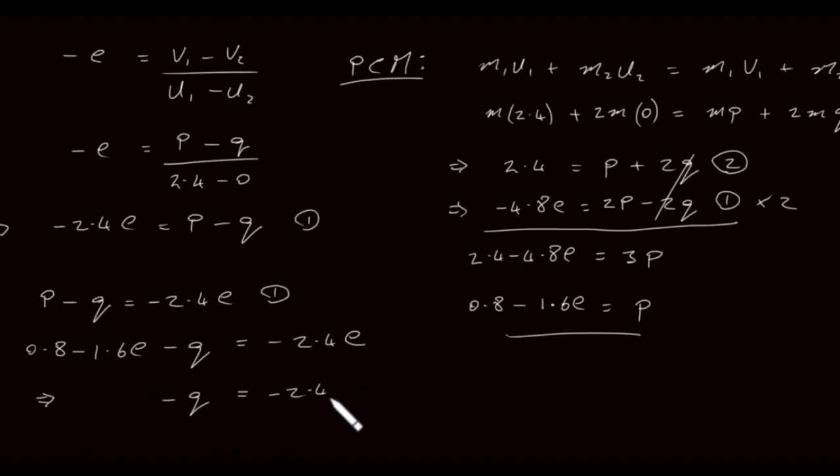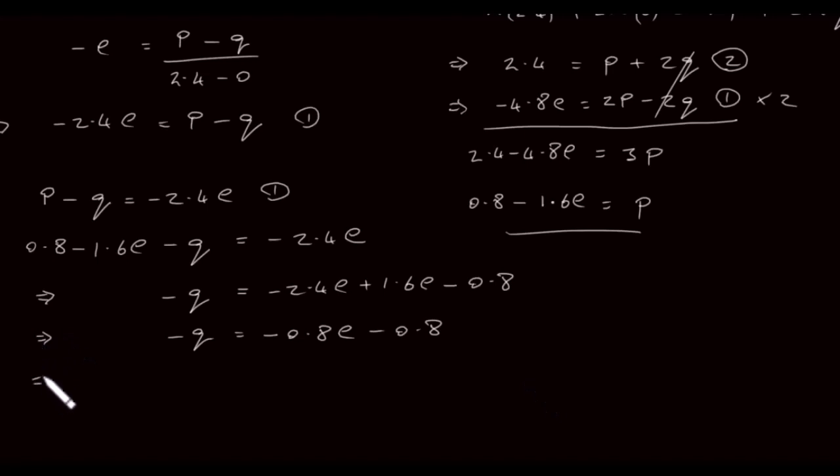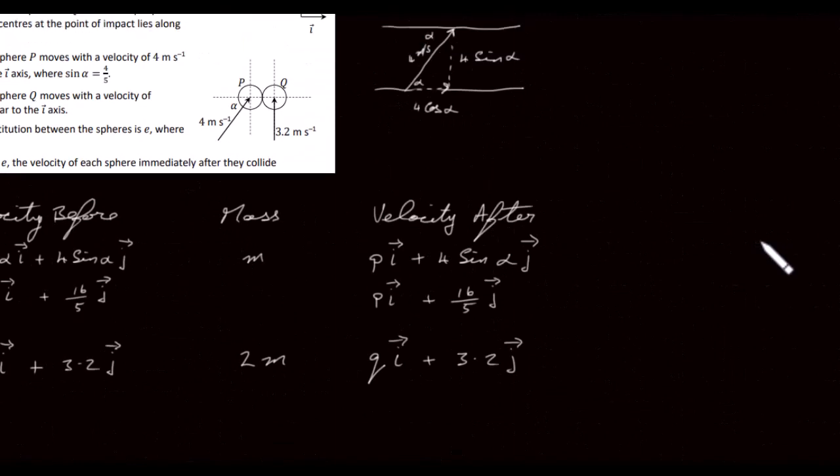So you've got minus 2.4e plus 1.6e minus 0.8. That gives us minus q is equal to minus 0.8e minus 0.8. So that means q is going to be 0.8e plus 0.8. And that's it.